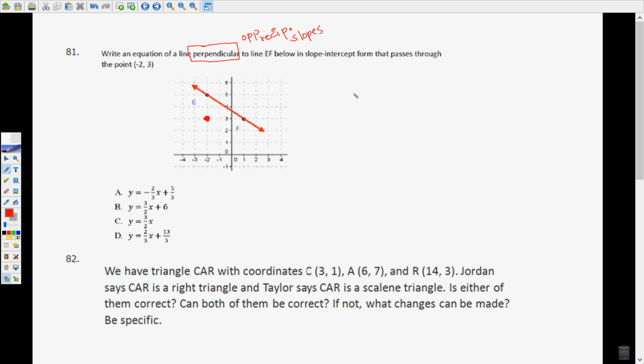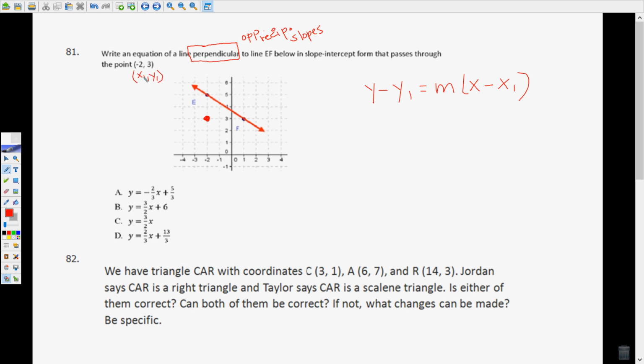One thing we do know, and this will be on your reference sheet, is the point slope equation. The point slope equation is y minus y1 equals m times parentheses x minus x1. And we're going to use this because we have a point, and that will be your x1 and your y1.